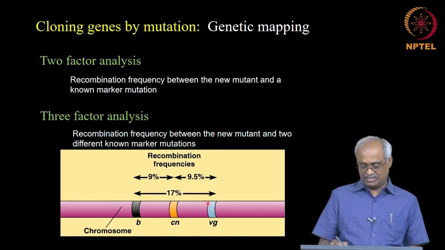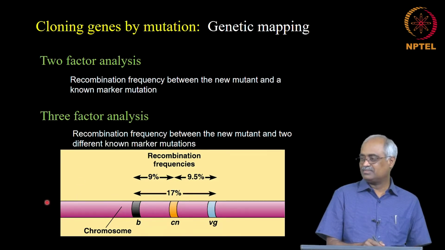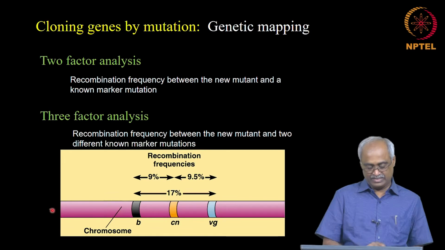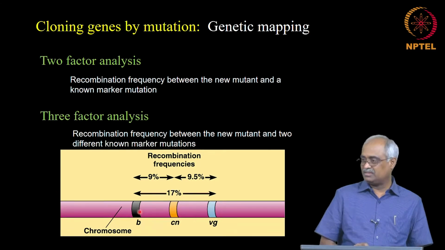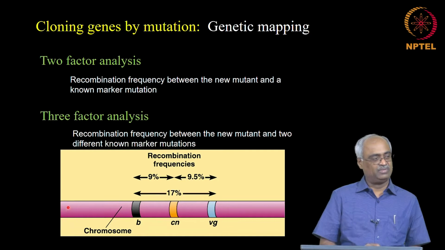So, imagine vestigial was in this side, okay, and it is 17 centimorgan on this side. Now, when Cn gives you 9% with black, that is not contradicting your first conclusion that vestigial is on the right side.